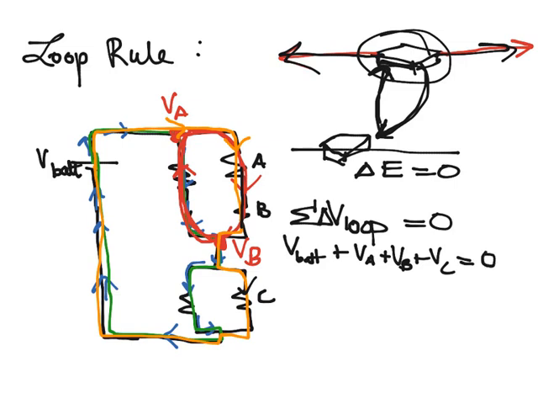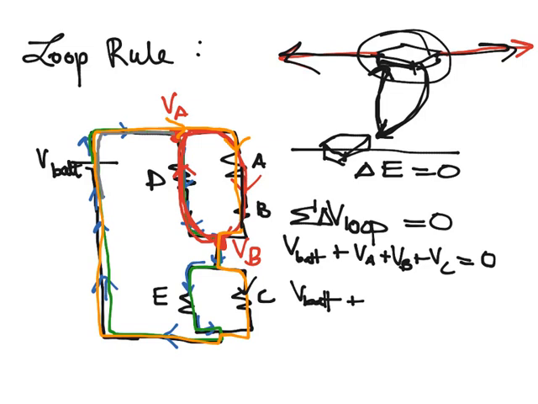But I have other resistors in my circuit. So I'm going to name these guys D and E, and it will be equally true that V battery plus, and I'm going to represent this with a gray loop because I haven't done gray yet.